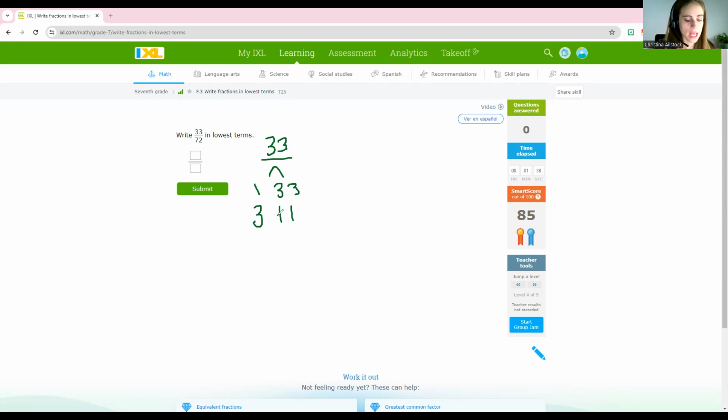That's a factor there. And then if I'm not sure if 4 works, I can take 33 and divide it by 4 and see that I get a decimal answer. When we're listing our factors, we only want whole numbers. So decimals aren't allowed, which means 4 is not a factor because we don't get a whole number. And if I were to keep doing that in my calculator, I would see that if I take 33 divided by 5, I get a decimal.